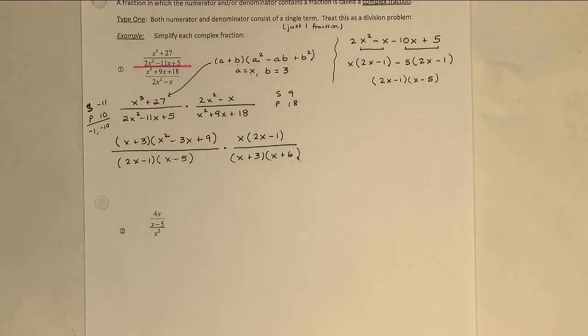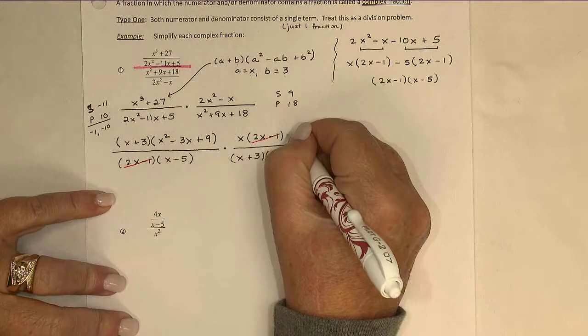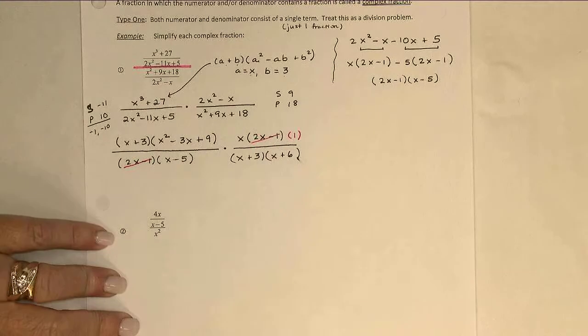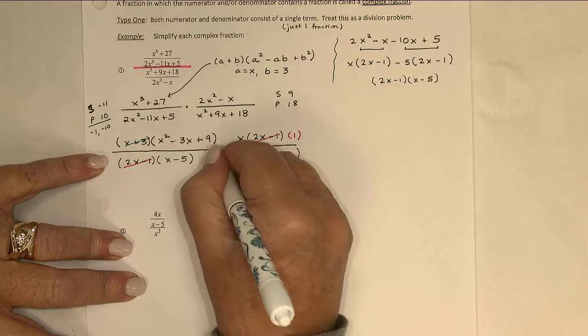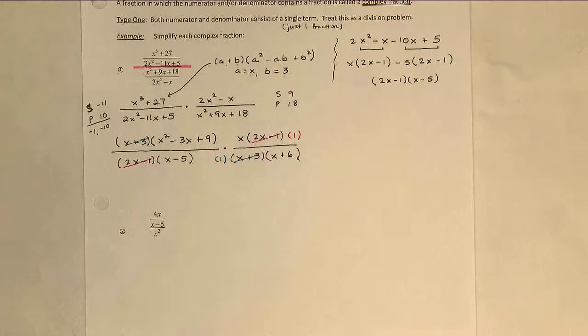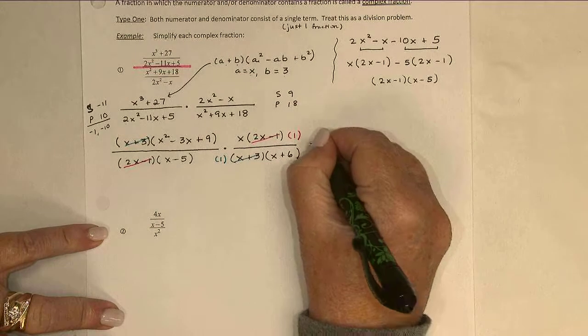All right, I am ready to reduce. 2x minus 1 divided by 2x minus 1 is 1. And also, x plus 3 divided by x plus 3 is 1. And I think that's about it.